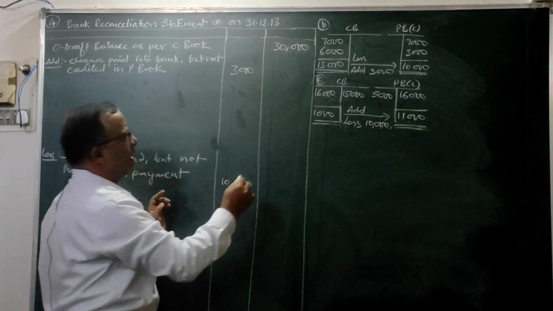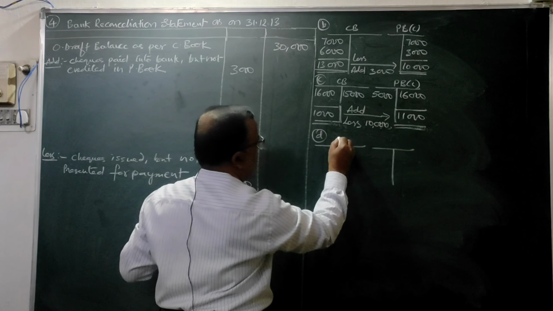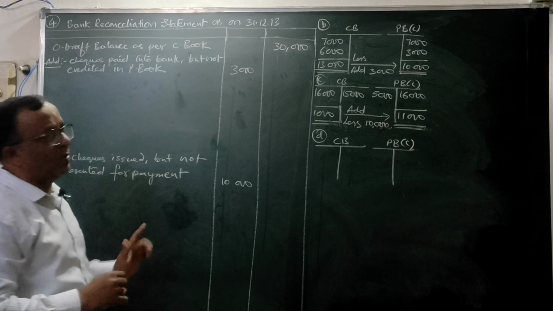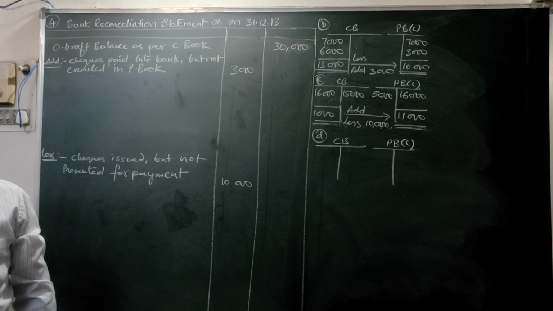See, next for D transaction. This is cash book, this is passbook. Passbook we have kept constant in this problem. So passbook, observe, this is for D transaction.